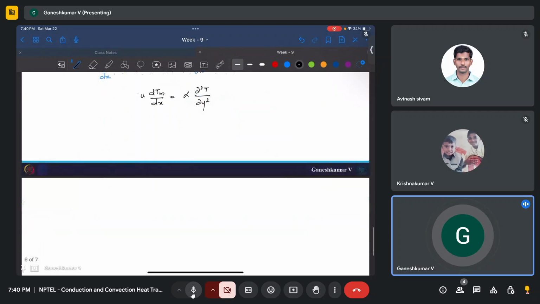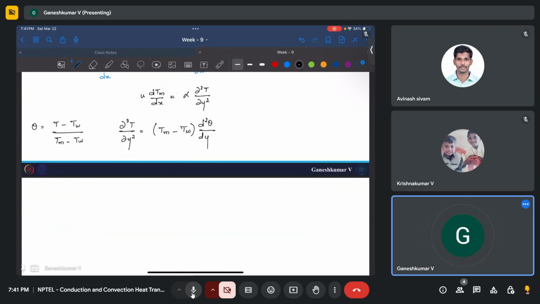And we would like to express this in terms of non-dimensional temperature and also the y coordinate. So theta we define as T minus T wall divided by T mean minus T wall, right? And hence you can write dou square T by dou y square as T mean minus T wall times d square theta by dy square.